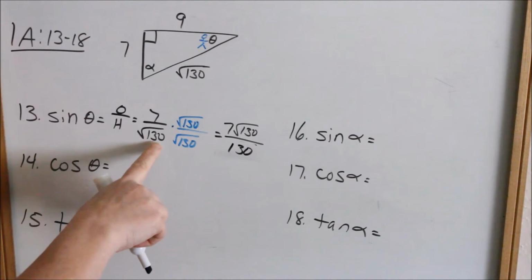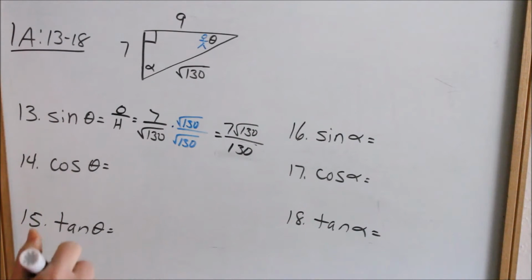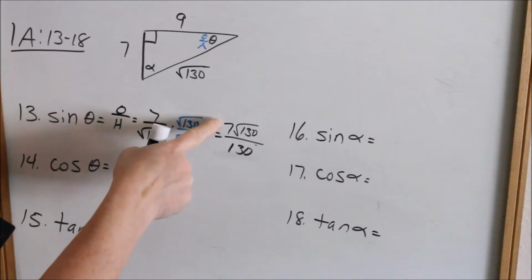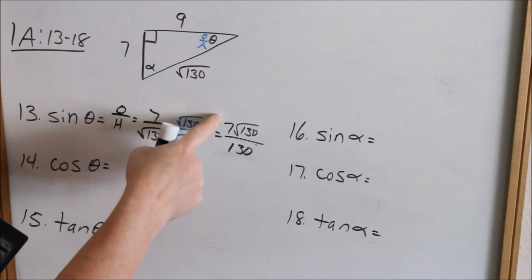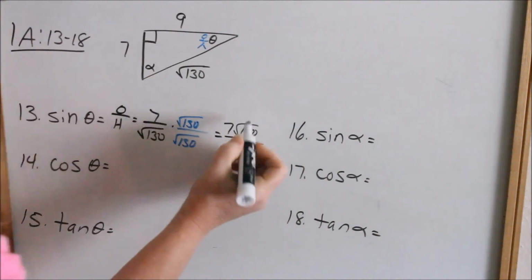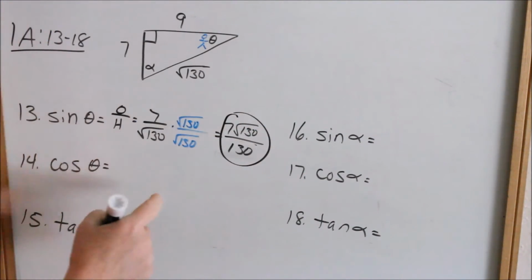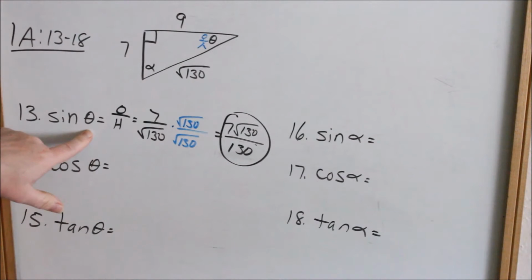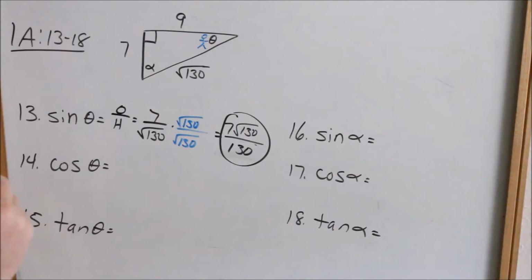So whenever you multiply a radical by itself, the radicals cancel and you get only the number underneath the radical. And then always look to see if these whole numbers will reduce. 7 over 130, will that reduce? That won't reduce, so this would be your final answer: sine theta is 7 square root of 130 over 130.